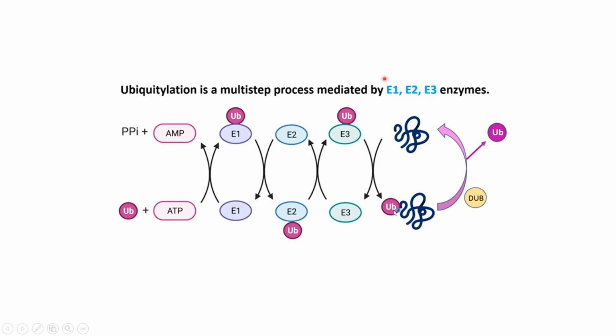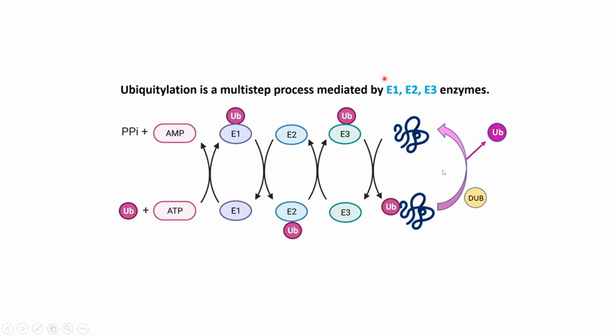After the ubiquitin is tagged, this ubiquitin tagged protein is then targeted to the proteasome system, where it is degraded into single amino acid residues, chopped into simple degraded protein.